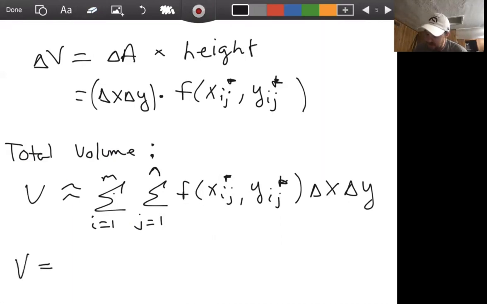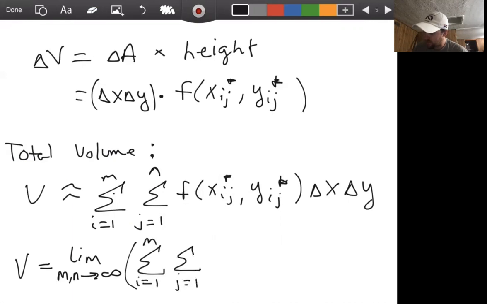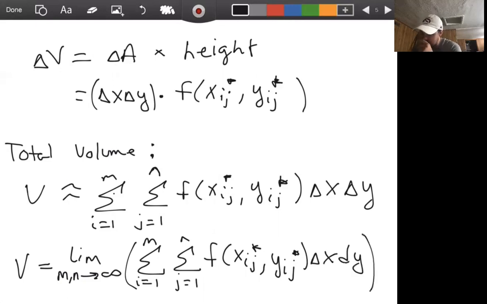And we get that V is the limit as m and n approach infinity of this double sum from i equals 1 to m, j equals 1 to n of f of x_ij star, y_ij star, delta x delta y.